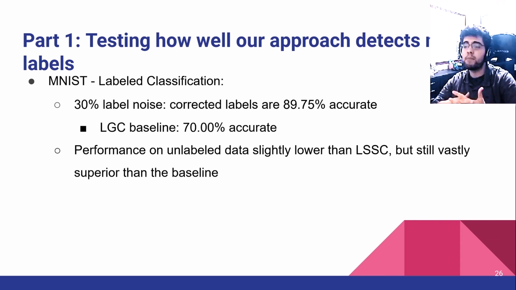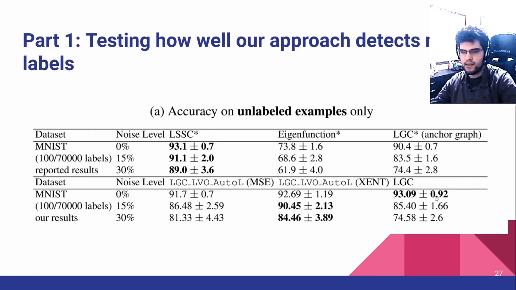And the performance on unlabeled data, on the other hand, was slightly lower than the LSSC robust L1 norm method, but just slightly so, still vastly superior to our own baseline. So here you can see, when we have 15% label noise, 90.45 compared to 85% accuracy on unlabeled examples, which is good, but not as good as the 91 instead of 90 for LSSC.